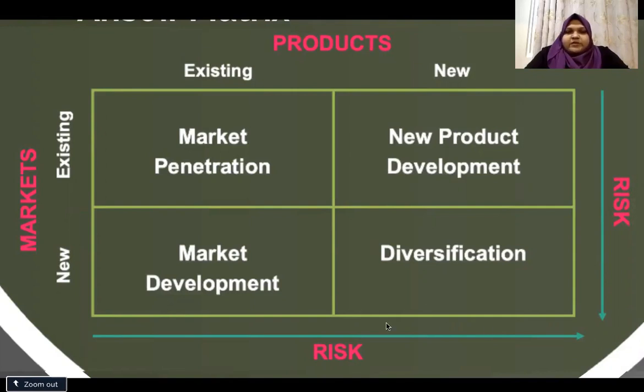That shows that diversification is the riskiest option, because they are moving into a new market with a new product. Both are new to them, so it requires lots of research and experimentation to check whether there is demand and whether the product is going to be a success or not.